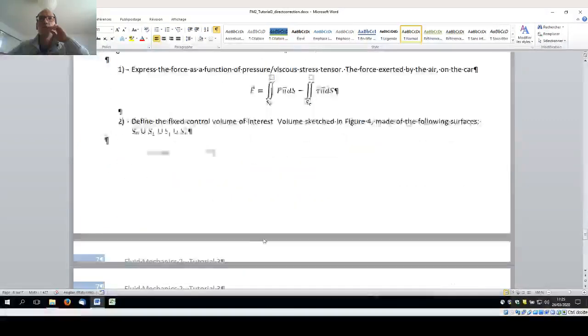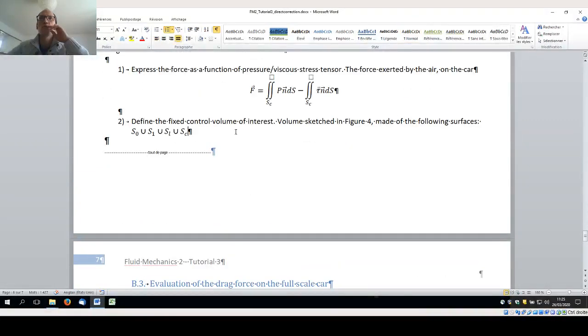So once we have done this, you have identified the control volume. What do we do? We check the assumptions of our problem. So I have a fixed control volume, stationary and iso-volume flow.